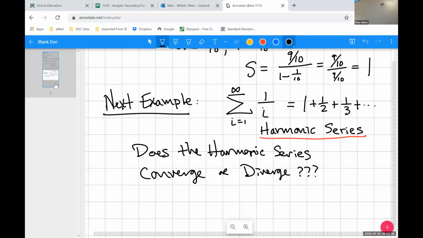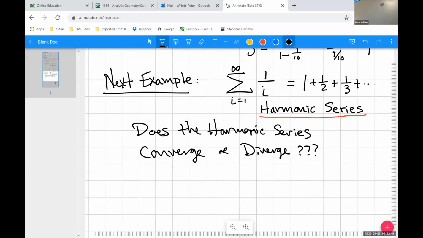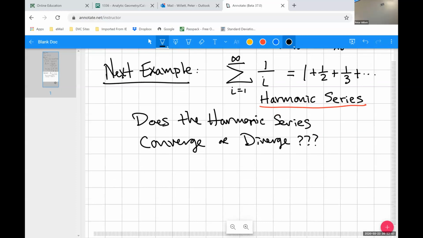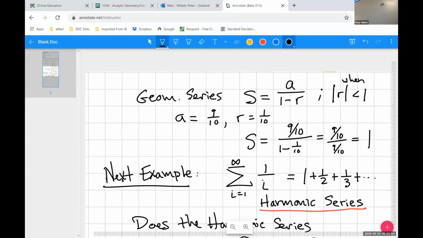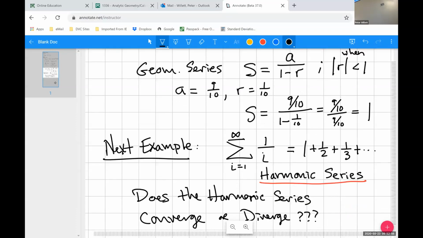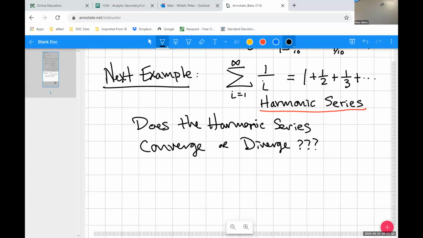And in particular, I'm using this as a good point because this is what the question will be for half of this chapter. Does this series that I'm looking at converge or diverge? As I said, we're about to develop a bunch of tests to try to figure this out in general. But in the beginning, we can just try to figure it out without the tests, like the geometric series, which we just did, which we could see converged and even determine the value of. And now we'll look at the harmonic series.